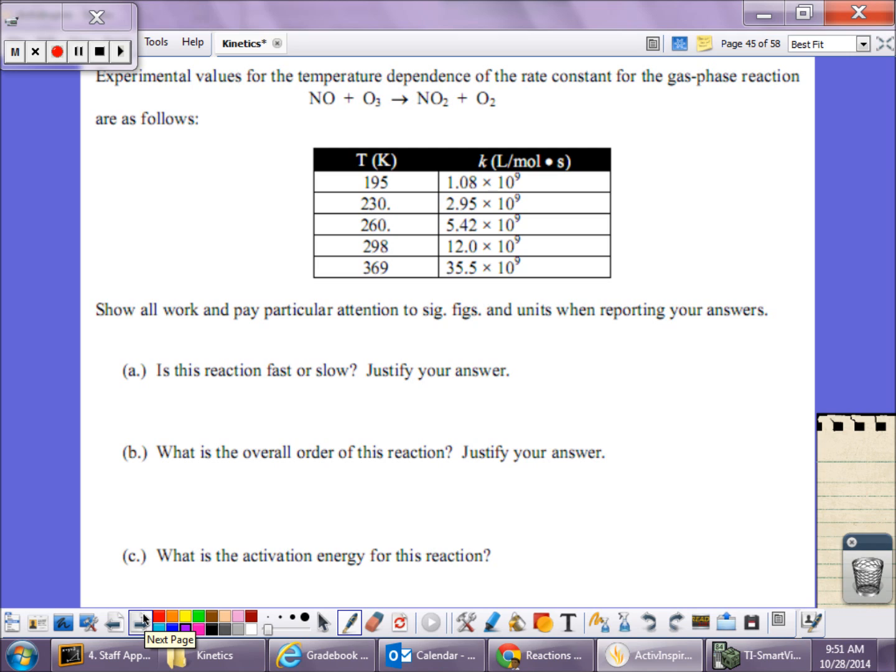I'm just telling you, they can change the temperature and ask you to find the activation energy, or they can change the concentration and ask you for the time. The same thing we did with the other part of the unit. They can change X and ask you for Y, or change Y and ask you for X.